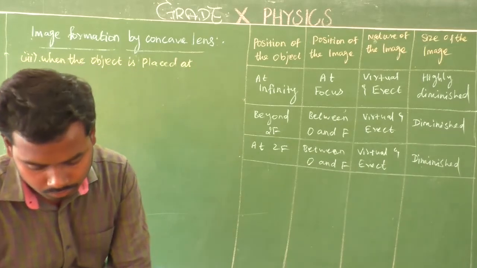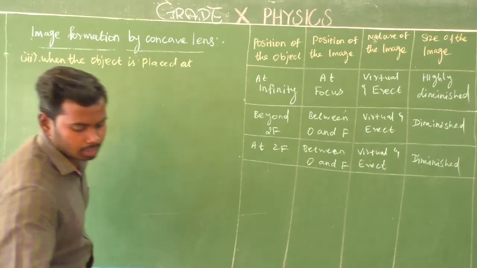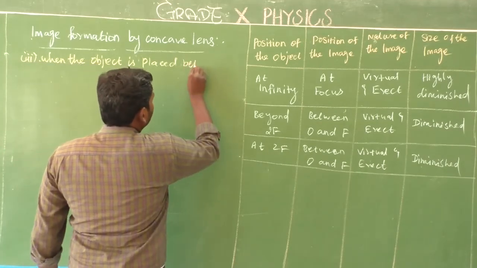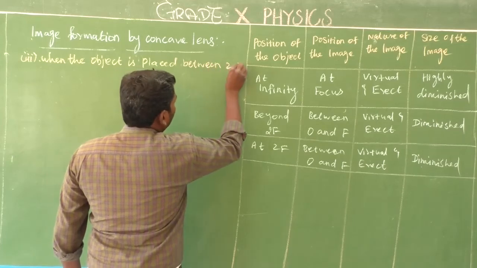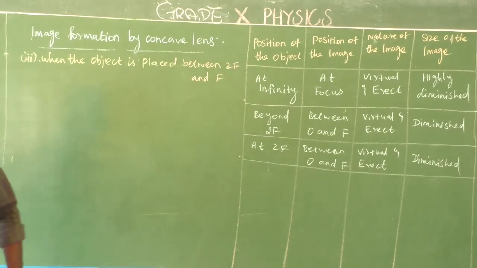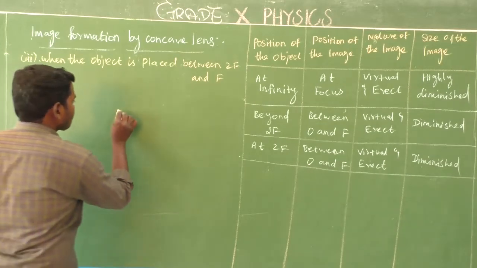Next, when the object is placed between 2F and F, consider a concave lens again.